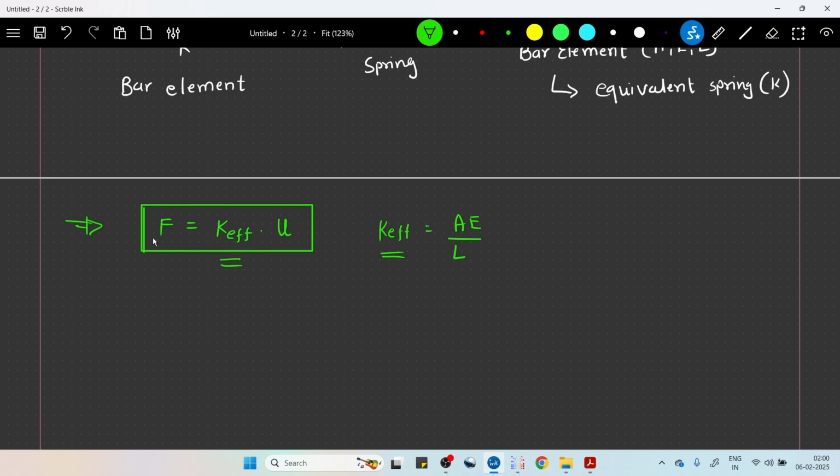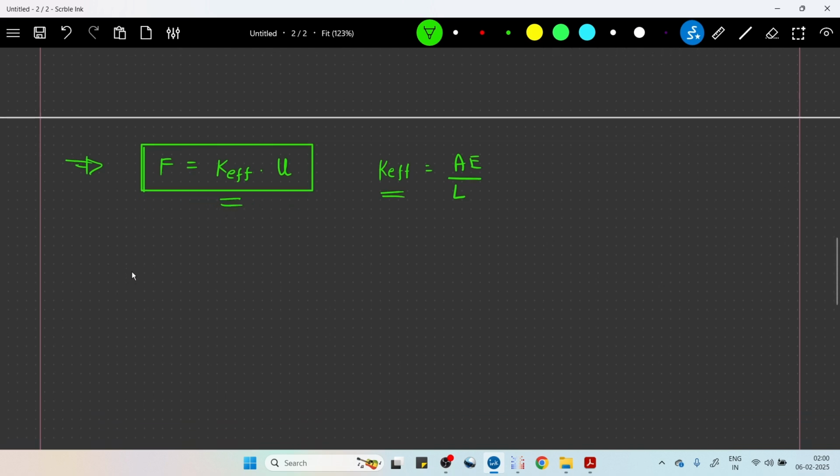By converting a 1D element to a 1D spring, we are not losing anything conceptually.